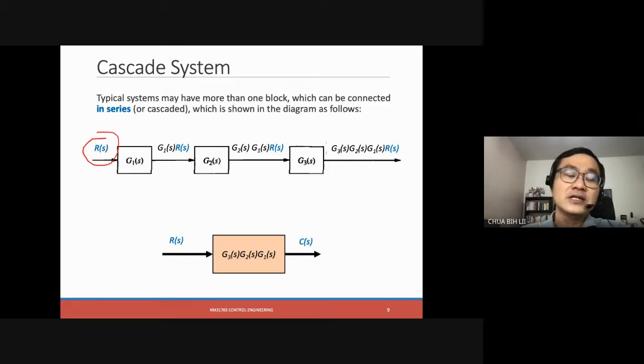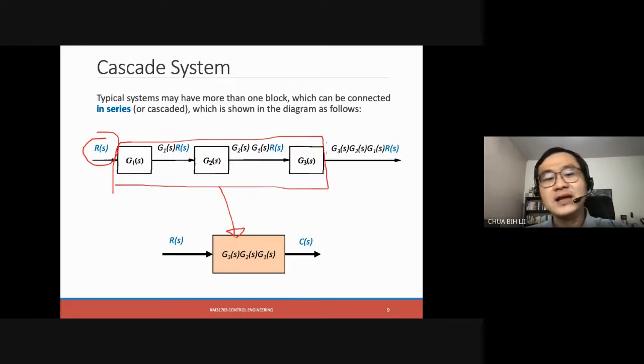From this concept, we can simplify and group all these things together into a single block. If we input R, R multiplied by this block gives you the output, and the block is G3G2G1.